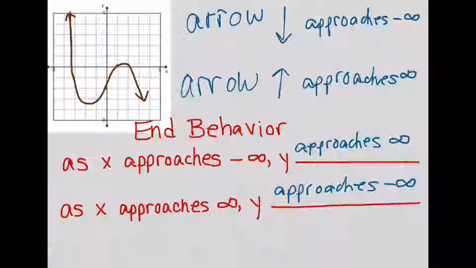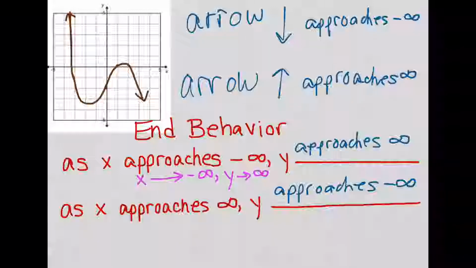Now, there's a shortcut. If you don't want to have to write the word approaches out every time, I am going to let you replace the word approaches with this little sideways arrow. So you could replace all this stuff in red: as x approaches negative infinity, y approaches positive infinity.